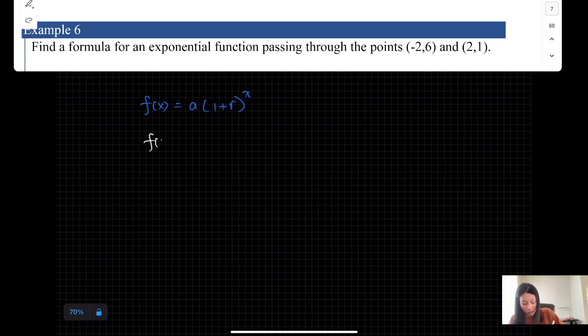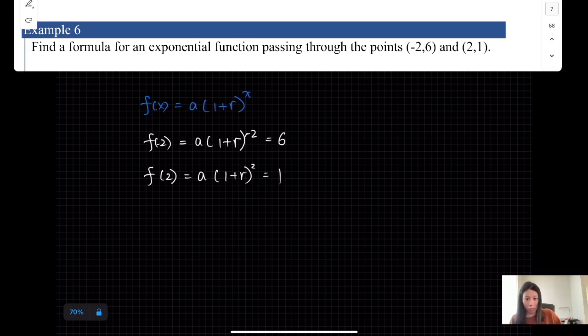So f of negative 2 equals A times 1 plus r to the negative 2 equals 6. The second one is f of 2, A times 1 plus r to the 2 equals 1. So given these two, how do you do that? Well, you just need to solve for A first.